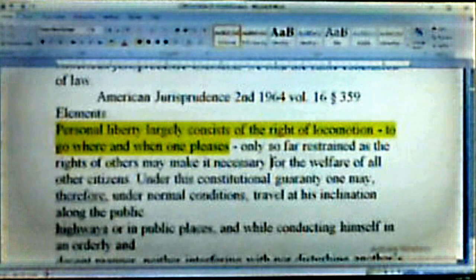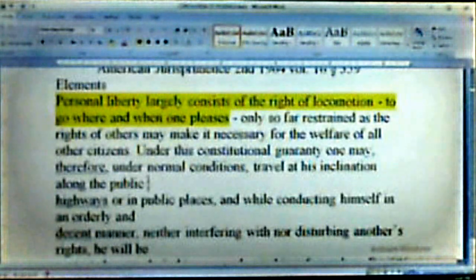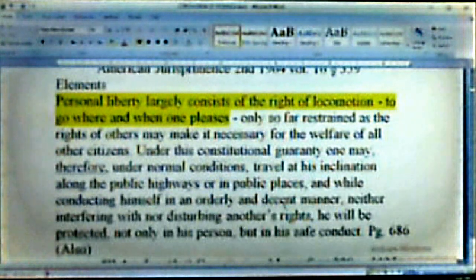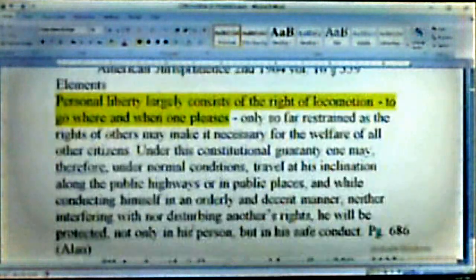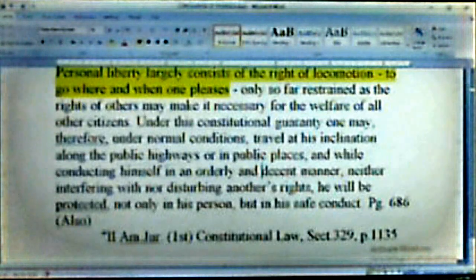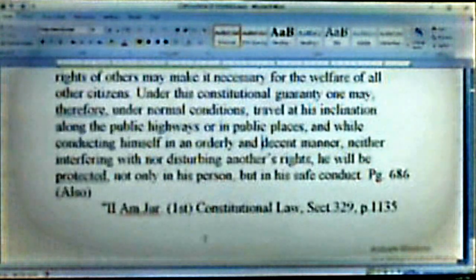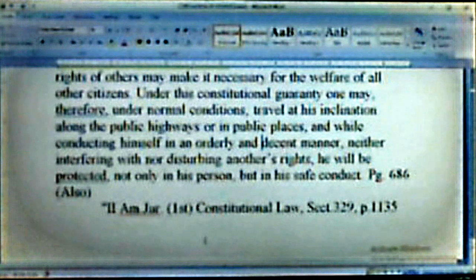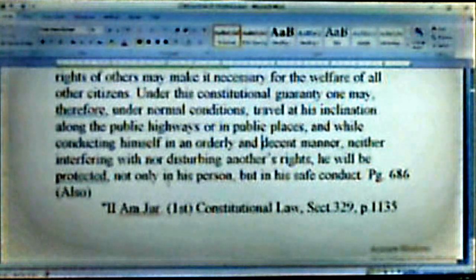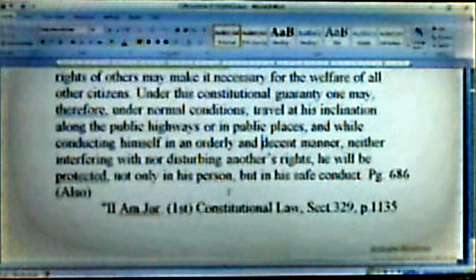Personal liberty largely consists of the right of locomotion to go where and when one pleases. We're right back to that: we have the right to go wherever we want to go, and there's nothing they can say about it. And we're supposed to be protected not only in our person, but in our safe conduct.